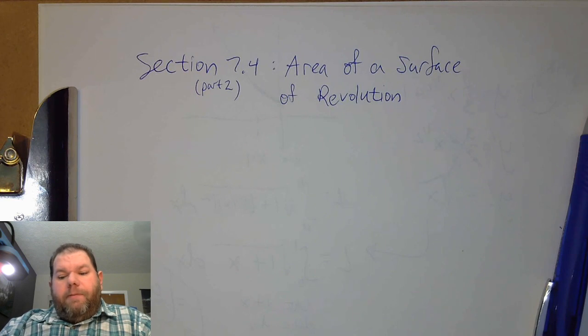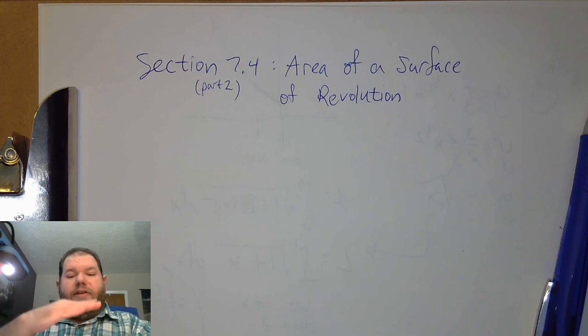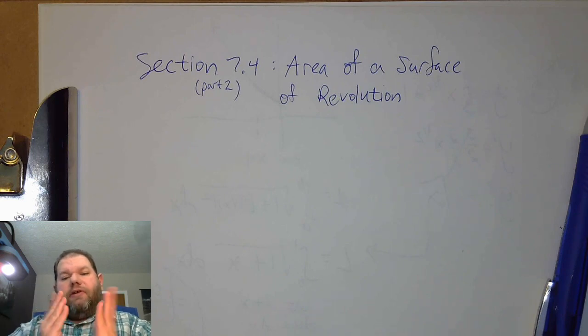When we talk about the area of a surface of revolution, that means we want the surface area of the object that's been revolved. It actually only gets the lateral area around the sides. It doesn't get the top or the bottom, but just the side area is what we're talking about.